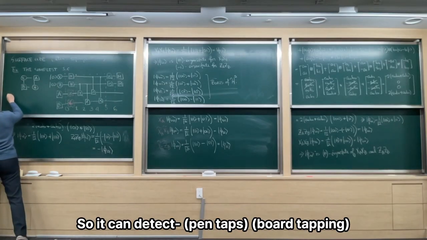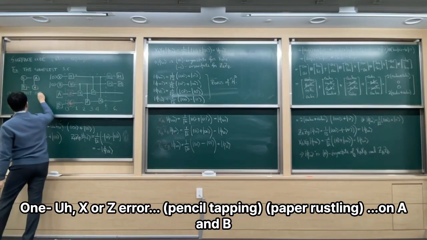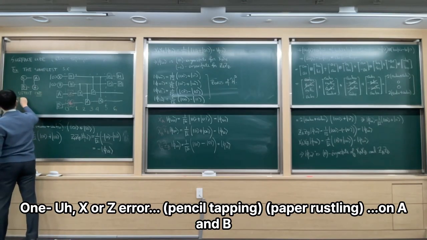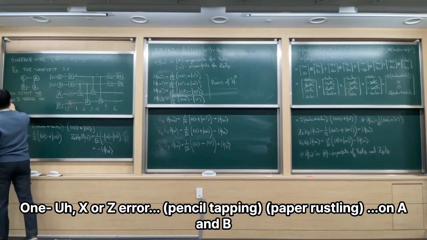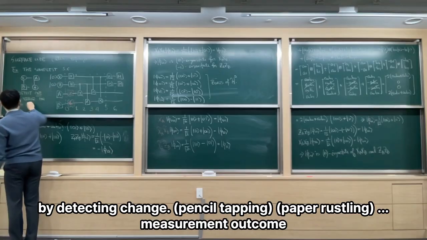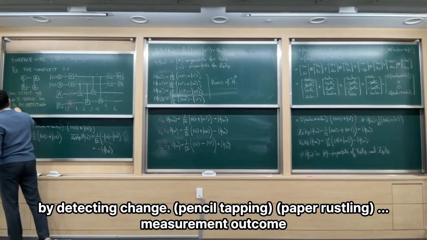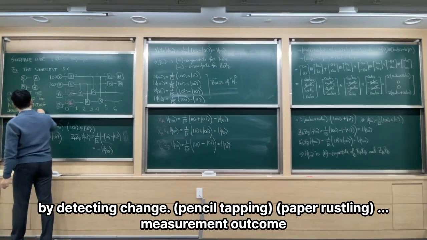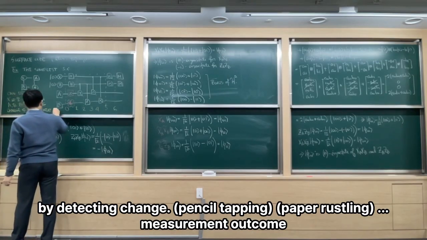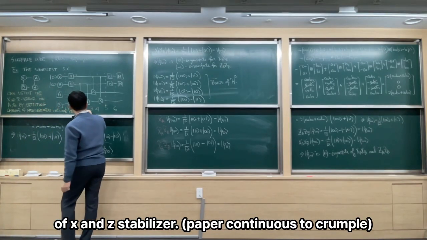It can detect one X or Z error on A and B by detecting a change of measurement outcome of the X and Z stabilizer.